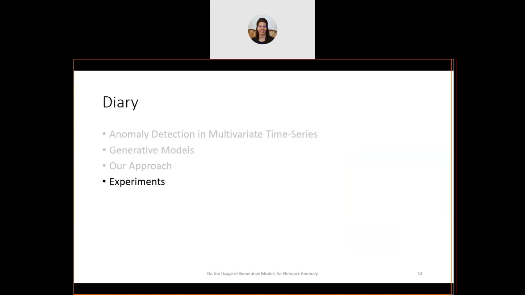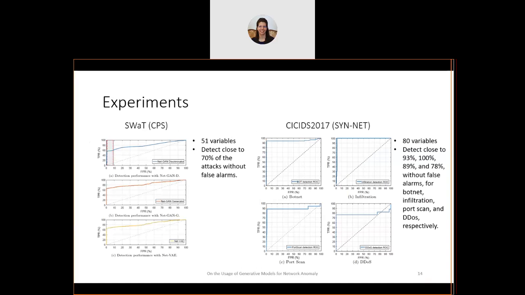After we developed our approaches and measured that they work as expected, we tested them with two public data sets. The SWAT set contains 51 variables, which come from the sets of sensors monitoring a water treatment system.